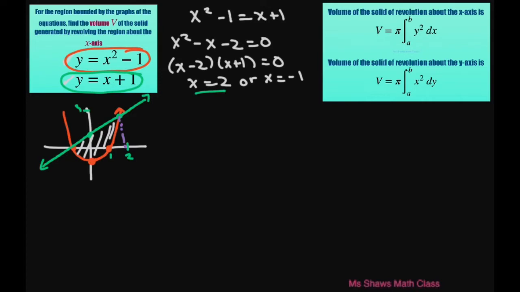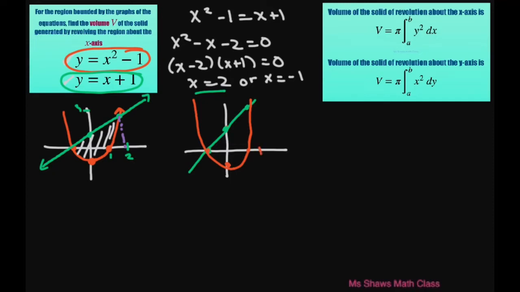Now since it revolves about the x-axis, if I draw my line again, let's put that in green. So something like this, right? This quadratic here, and I go up this way, and it's going to go through 3 somewhere.